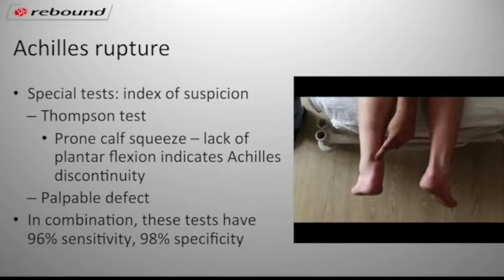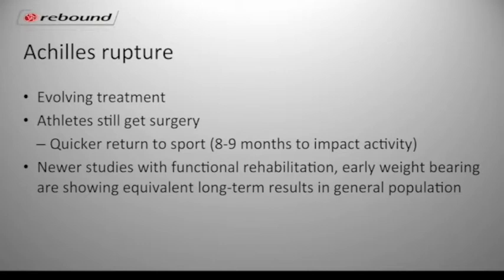So over the last decade or so, there's really been an evolution as far as management of Achilles tendon ruptures. People have come up with these new functional rehabilitation protocols that seem to lead to basically equivalent results with surgery.